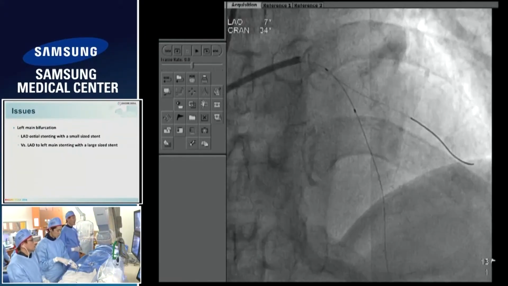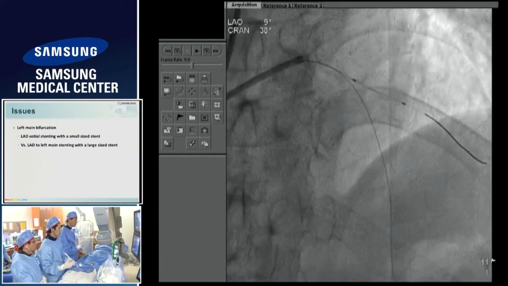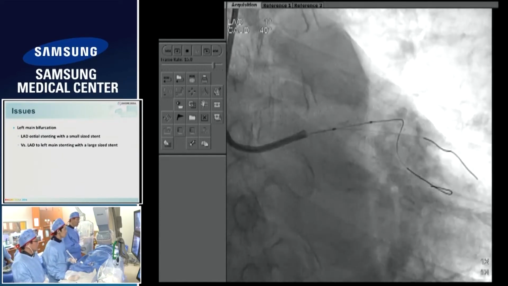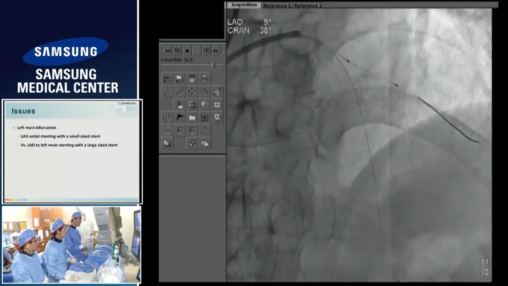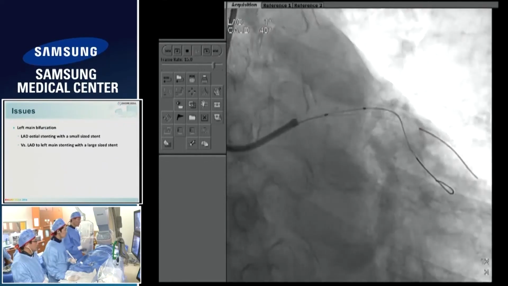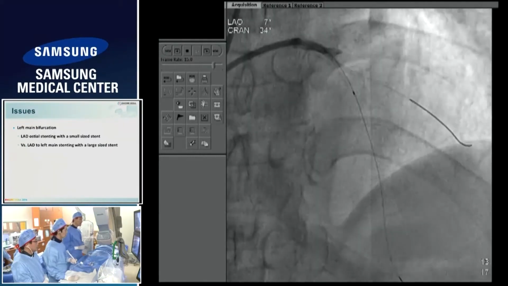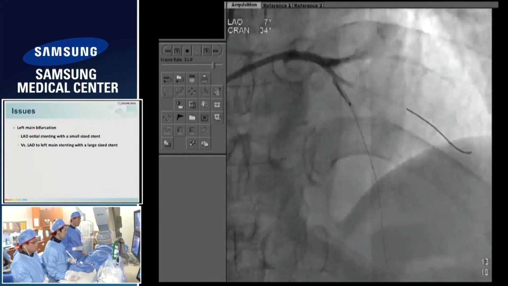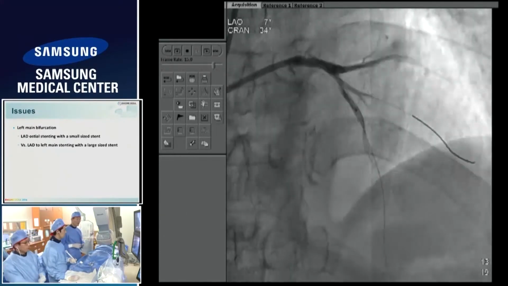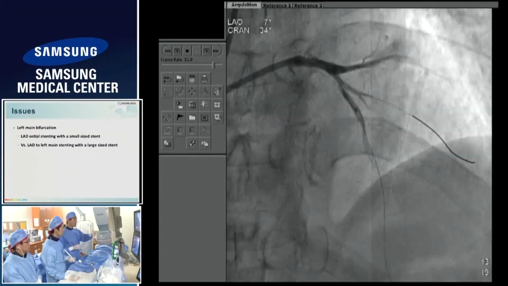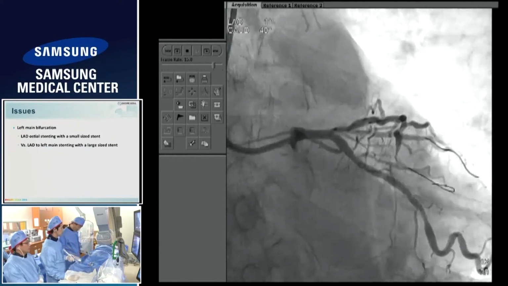Of course, yeah, I measured it by the balloon. Next. Balloon. Next. So this is a simulation. The proximal edge of the proximal marker is the LAD ostium. So I think the overlap proportion is occurred in the distal to diagonal.